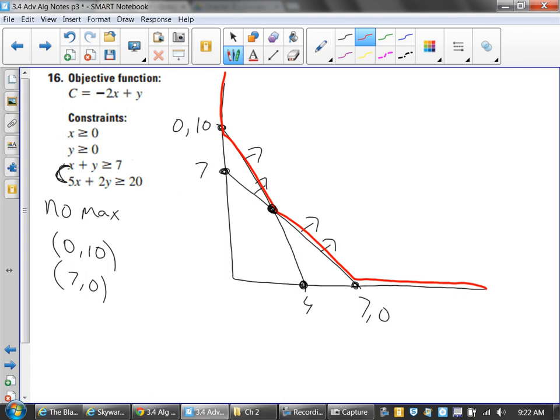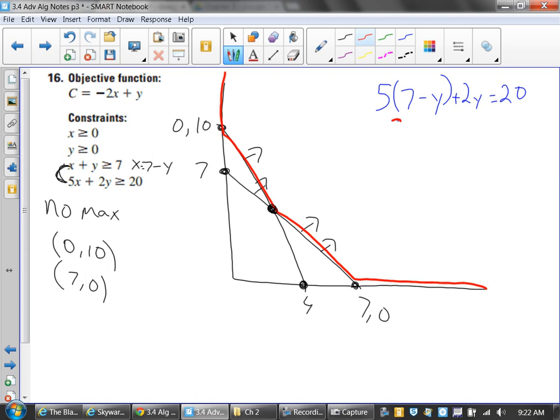So if x is equal to 7 minus y, when I substitute in, I'm going to get 5 times 7 minus y plus 2y is 20. Remember, when you're solving these systems to find the intercepts, get rid of the inequality symbols. Just use equal here, all right?